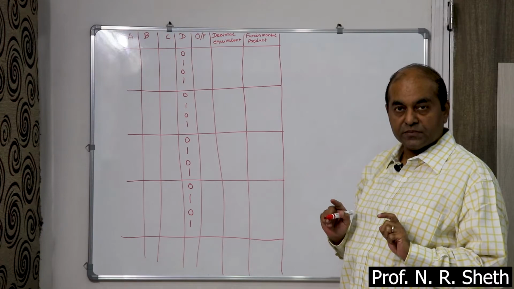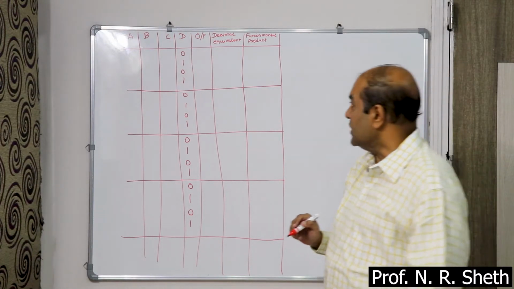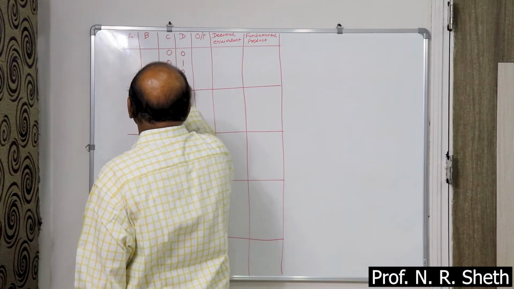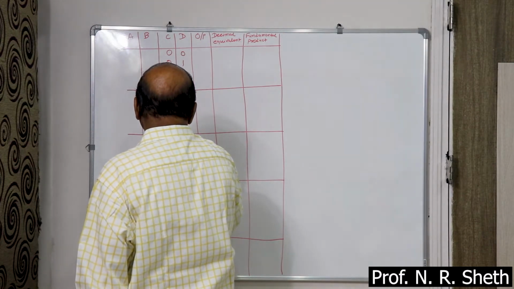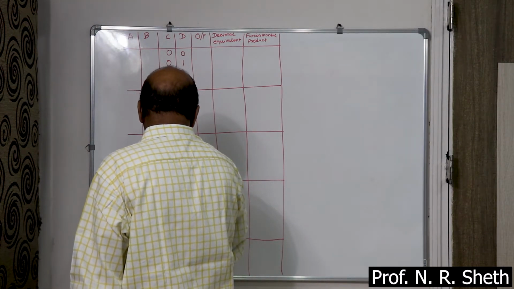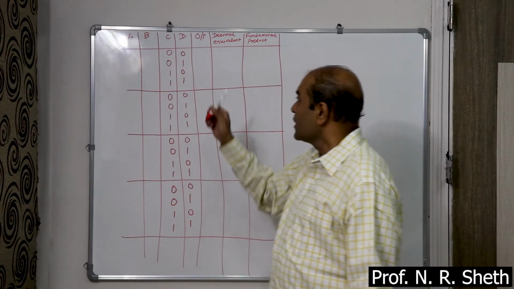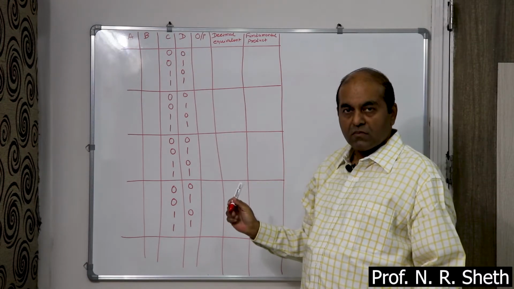Next, 2 times 0, 2 times 1: 0, 0, 1, 1, 0, 0, 1, 1.